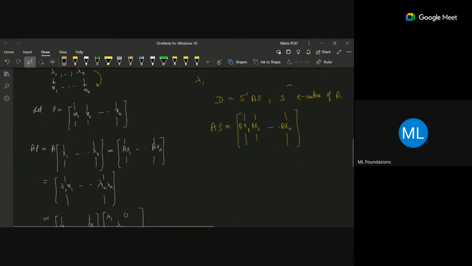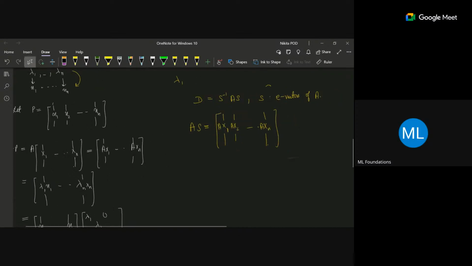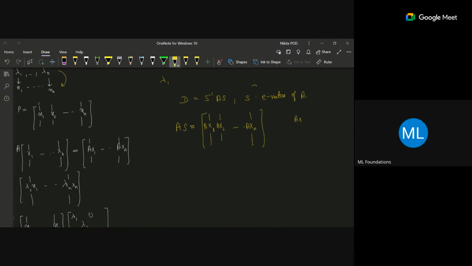From the eigenvalue definition, you know that Ax should equal lambda x, and here we have assumed that for each lambda i we have the eigenvector xi. So we have Axi equal lambda i xi, correct?